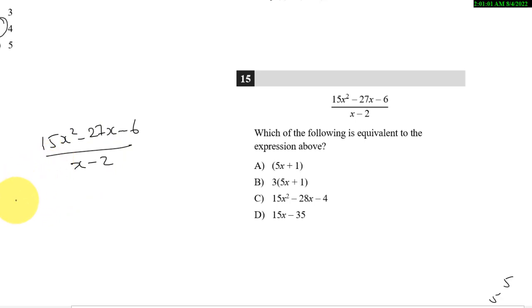We factorize 3, so it leaves us with 5x squared minus 9x minus 2 over x minus 2. Okay, we continue. We want to factorize what's in the brackets. So this is negative 10.